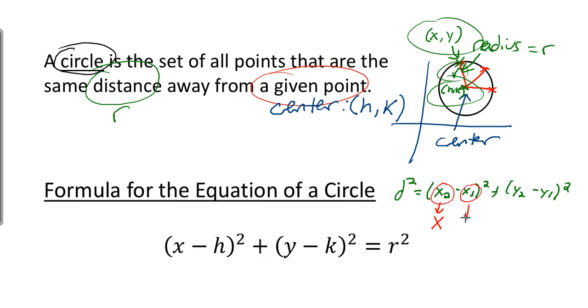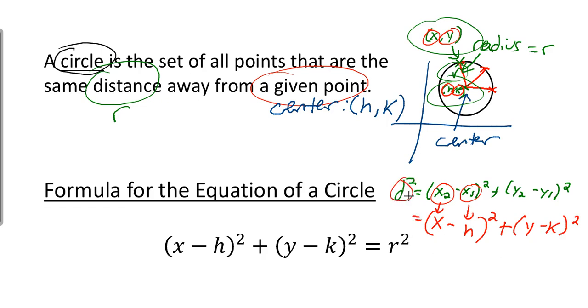We'll plug in h in place of x1, because those are my x coordinates, right? We have h and we have x. We're going to subtract those two, and this is the order we'll subtract them in. Again, technically you could do it the other way, but this is the standard way of doing it. For the y coordinates, we have y as one of our y coordinates, and we have k as our other y coordinate, so we subtract those. So we get y minus k squared.